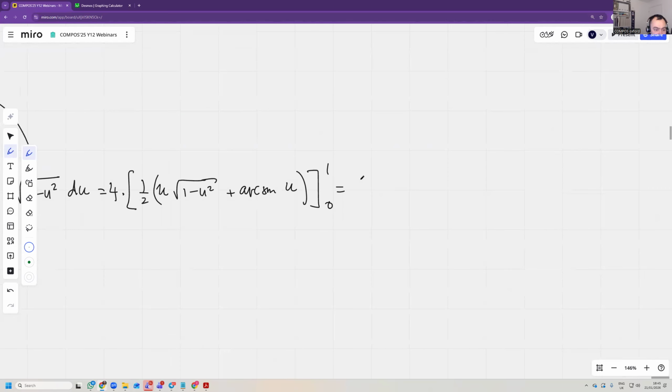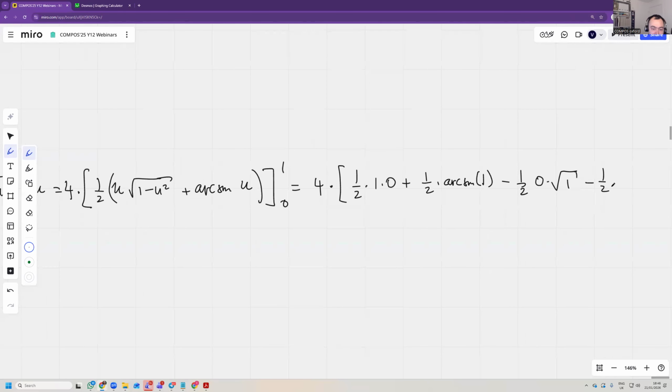And this is 4 multiplied by, open bracket, 1 half multiplied by 1 multiplied by 0 plus 1 half multiplied by arc sine 1. And then minus 1 half 0 times square root of 1 minus 1 half arc sine 0.